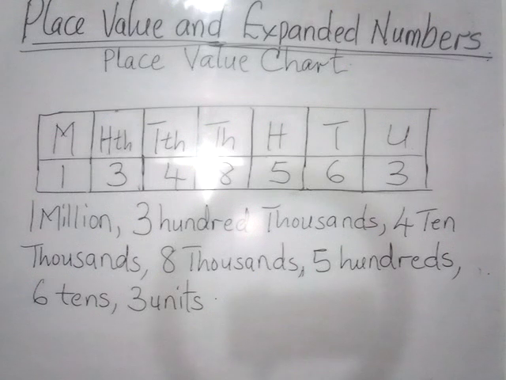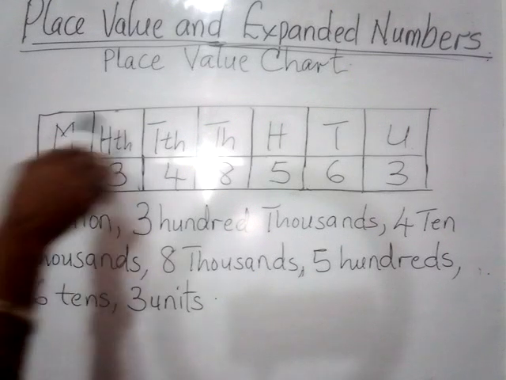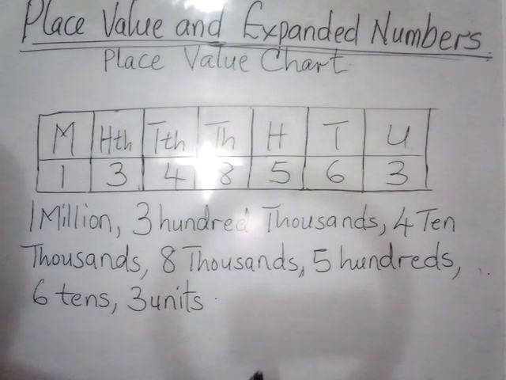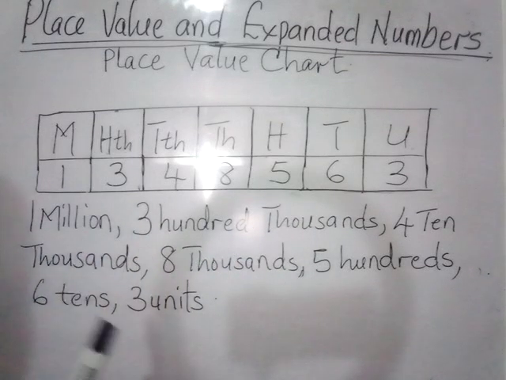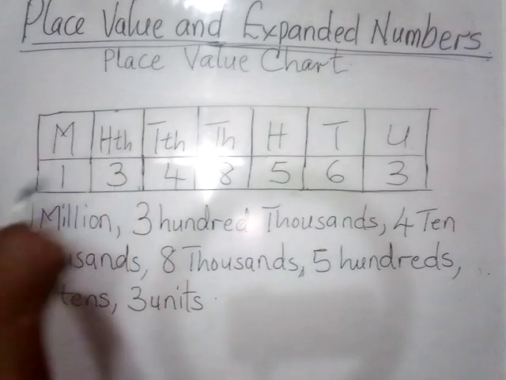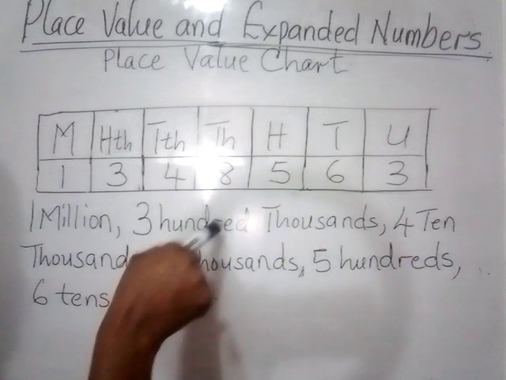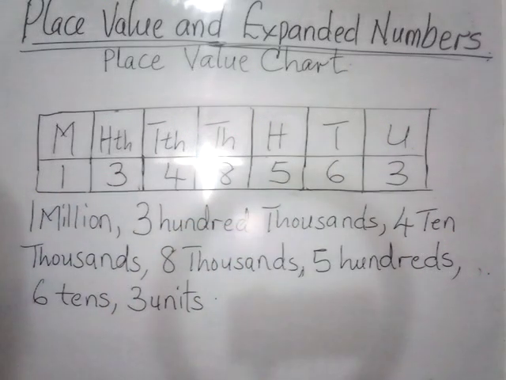Now, those names of the positions are actually the place value. If they ask you, for instance, what is the place value of 3? Since here you have that 3 is 300,000, you will simply say that the place value of 3 in this number is hundreds of thousands or 100,000s.